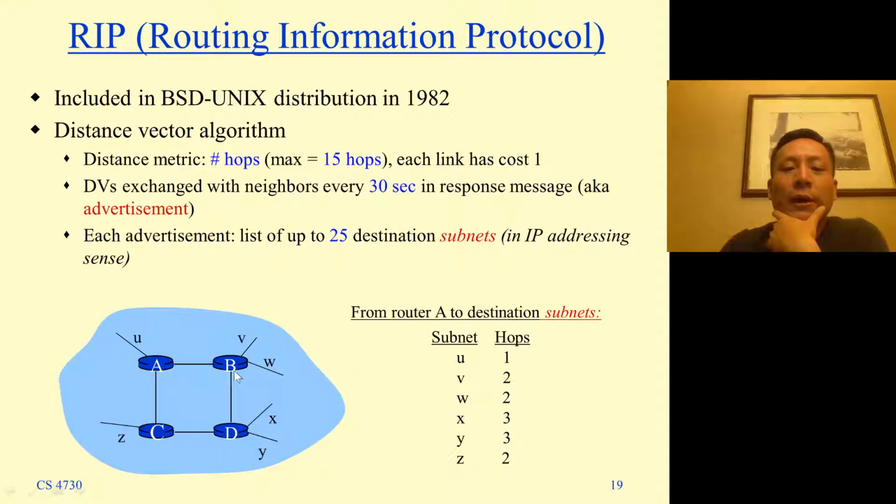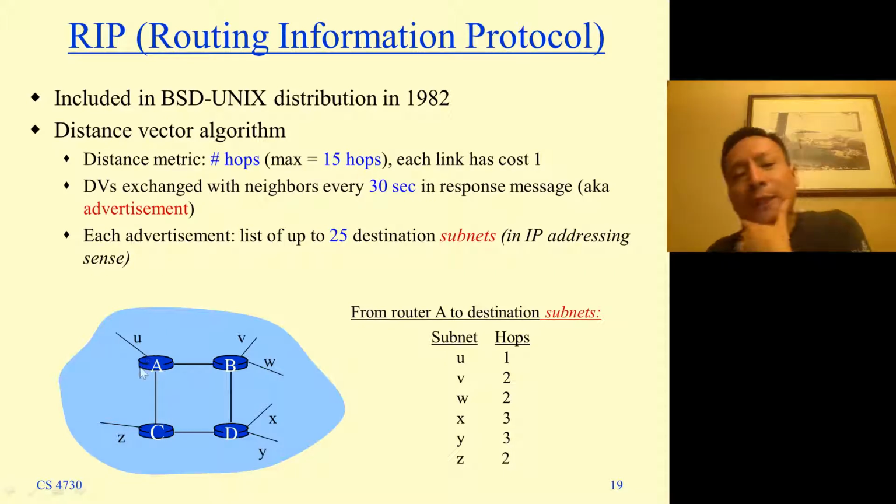For example, if we are router A right here, and you receive an IP packet with a destination address in this subnet, then you simply deliver it. So it's just one hop. You deliver it right away. If the destination address is subnet V, then you need to do 1, 2, right? So it takes 2 hops to deliver it.